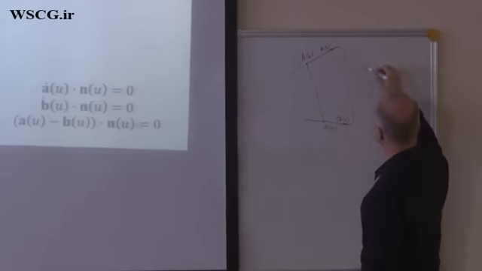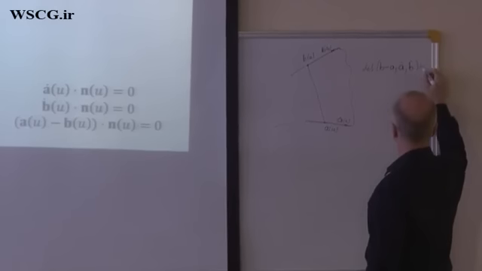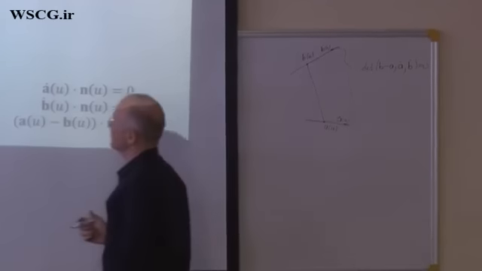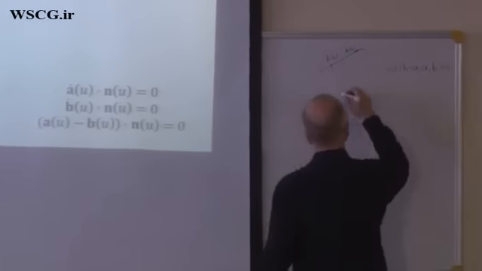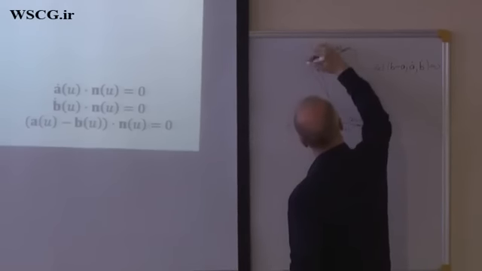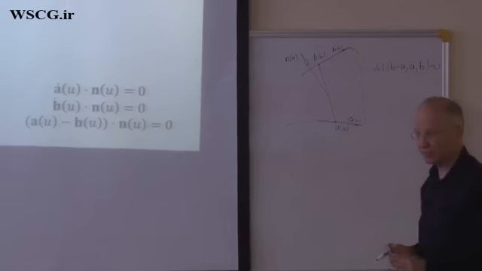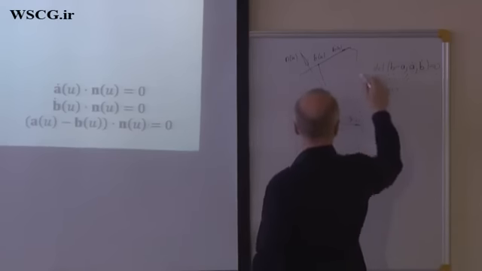So one way would be this determinant of B minus A, A dot, B dot equals 0. Instead of this, Cheng says I introduce an appropriate field of surface normal vectors here, n of u, and I require that this n of u is normal to this plane.